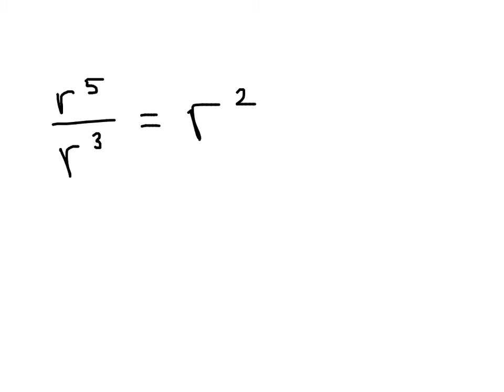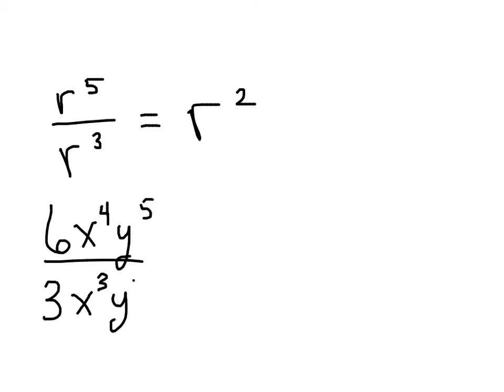The next one has 6x to the fourth, y to the fifth, over 3x to the third, y squared. When you simplify this question, the first thing I want you to do is look at the numbers. Can 6 over 3 reduce?